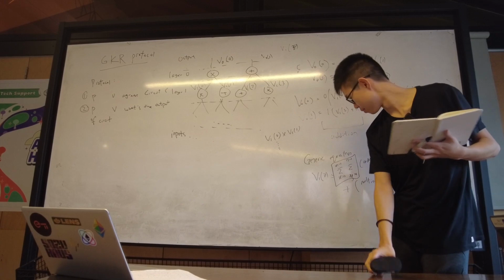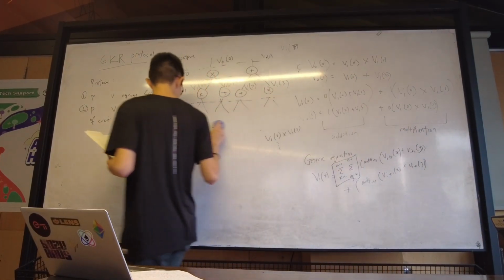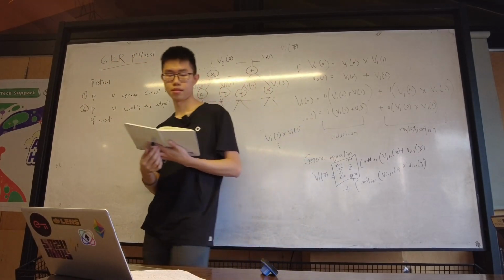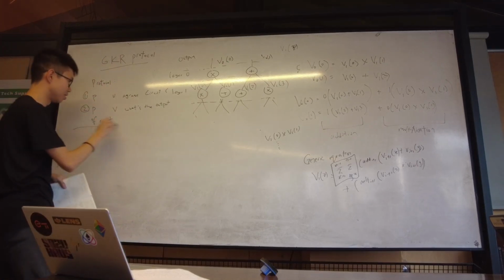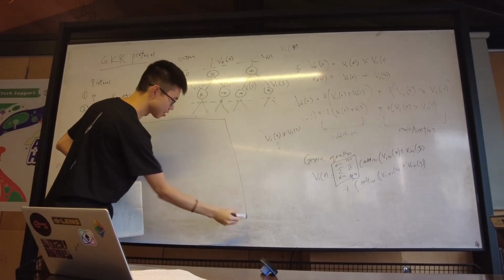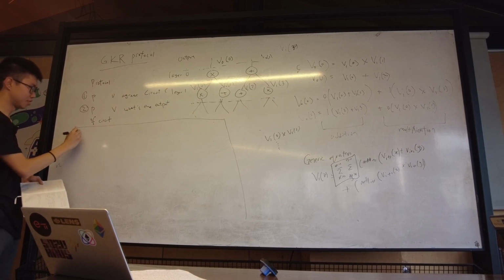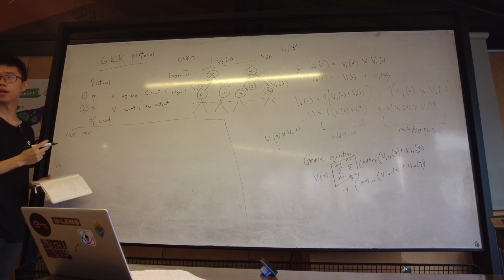Maybe I'll rub this off. First we need to understand a little bit about multilinear extension, essentially turning this Boolean multivariate into a polynomial.